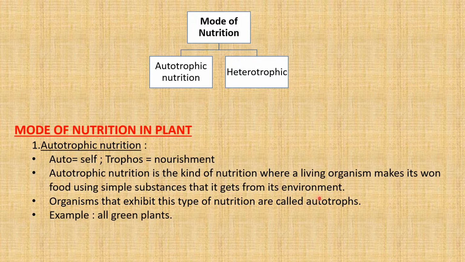The organisms which exhibit this type of nutrition are called autotrophs. Example, all green plants. All green plants are able to prepare their own food by absorbing some simple substances that are available in the environment.